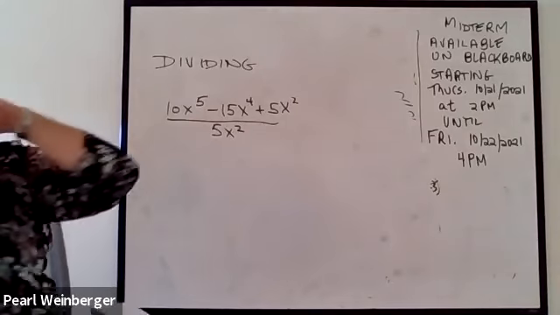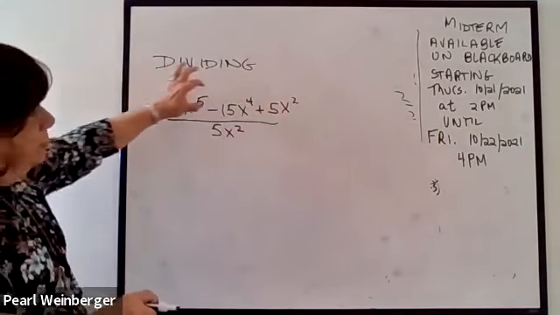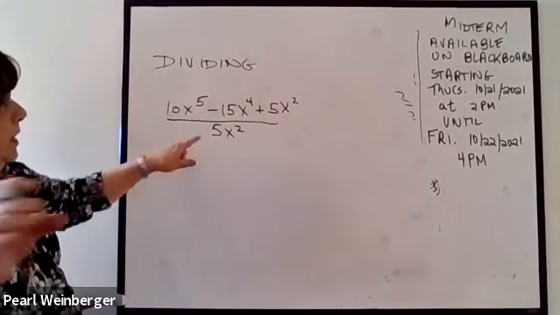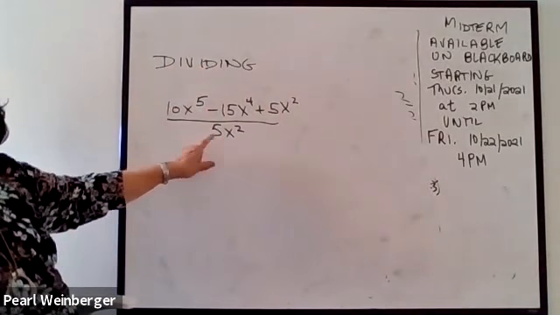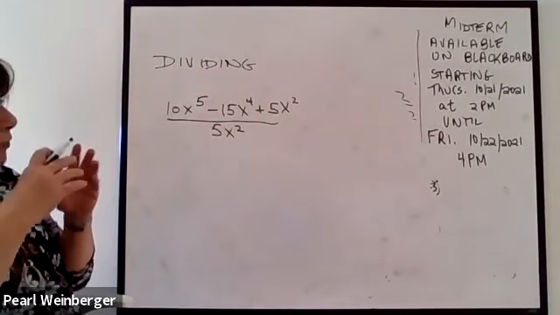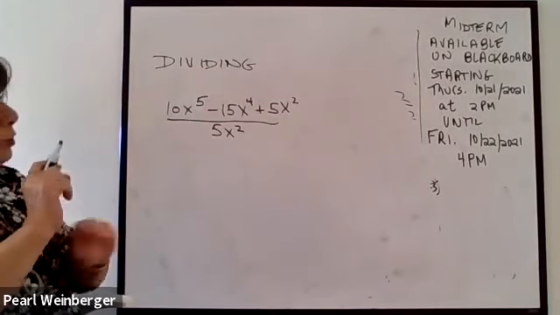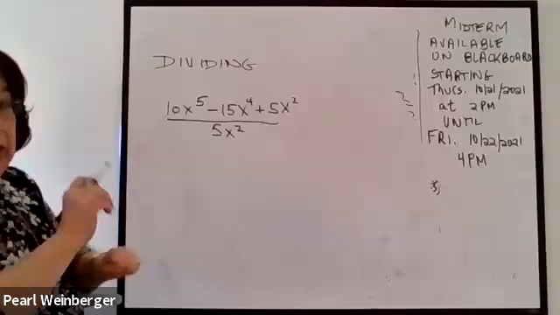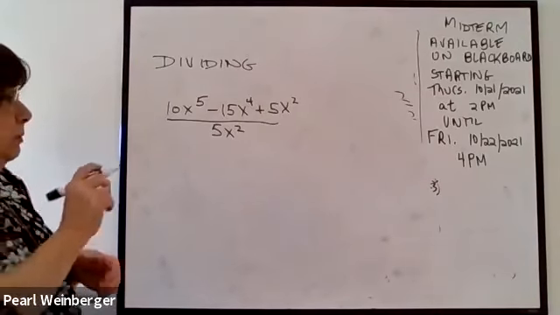They want me to divide the polynomial, which is on top, it happens to be a trinomial because there are 3 terms, by the monomial 5x squared. And when the term is divided, it didn't say simplify, it said divide. What you want to do with this is take each of the terms in the numerator and separately put it over the denominator.